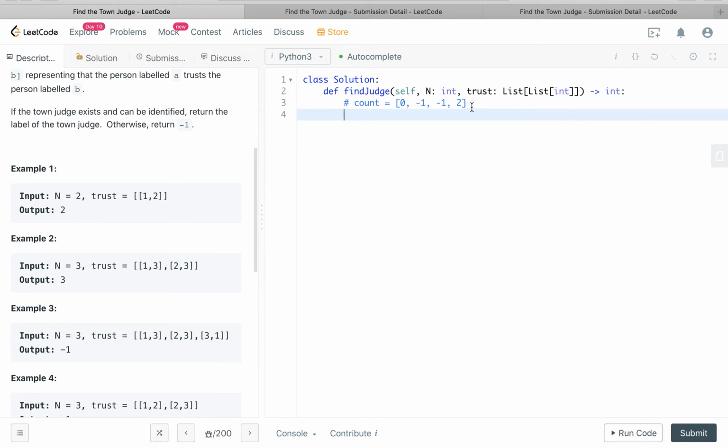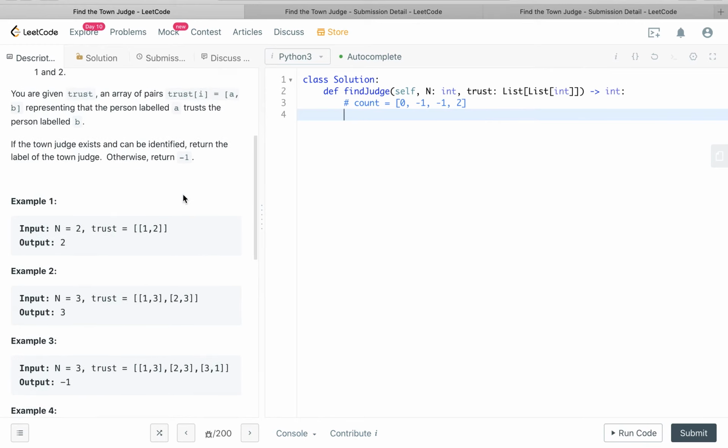And we just have to evaluate whether some person's trust is equal to n minus 1, because remember, everybody except the town judge himself has to trust the town judge. So that's why we have n minus 1. Basically the idea is to set up an array called count that counts how many trusts a person is gaining or giving others, and then we just have to return.